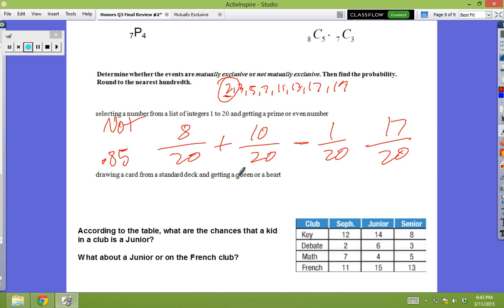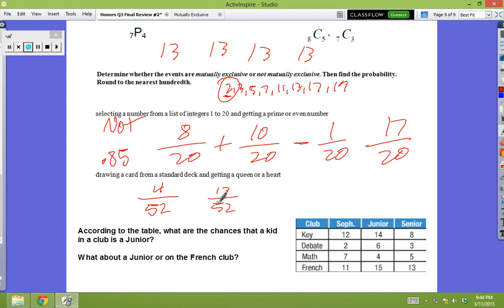Okay, the next one, drawing a card from a standard deck. In a standard deck, there's 52 cards. There's 13 hearts, 13 clubs, 13 spades, and 13 diamonds. So the chances that you're going to get a queen, there's only 4 queens in the deck, so 4 out of 52. Or a heart, there's 13 out of 52.